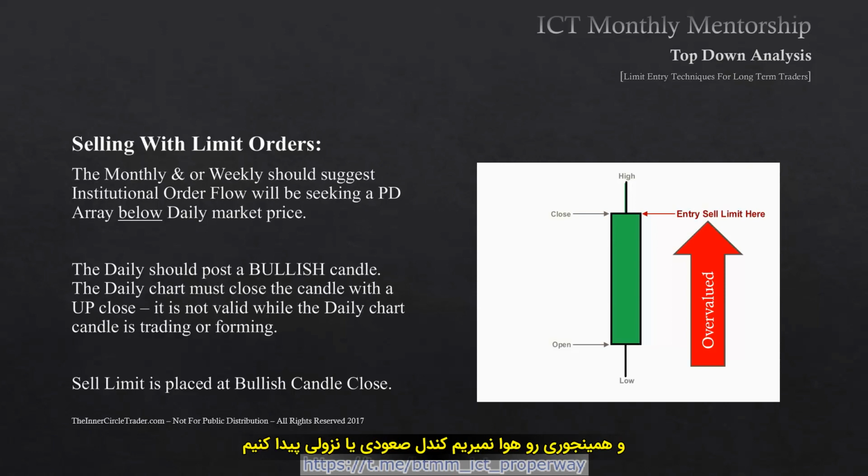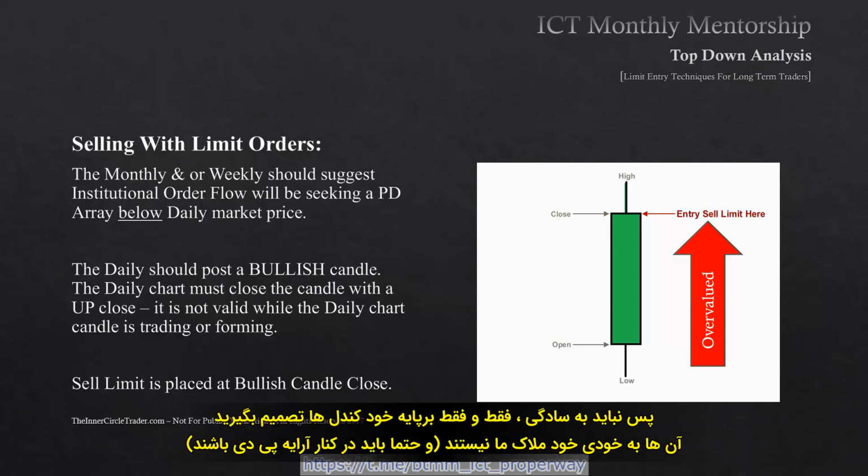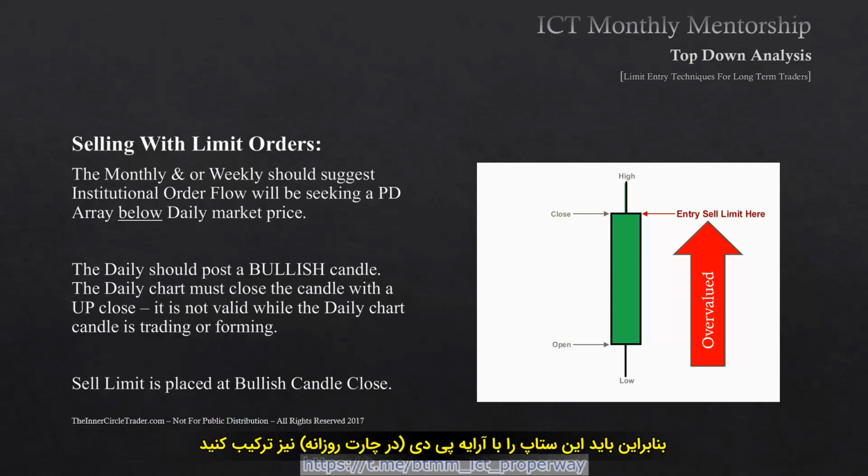We're not just indiscriminately going out and finding up candles and down candles. I should have mentioned this as well when we talked about the stop orders, but you're not just simply going in based on the candle by itself. It's not a be-all, end-all, and a system in and of itself. You have to blend the PD arrays on the daily chart as well.